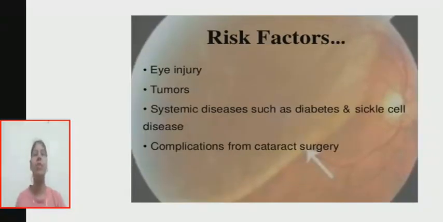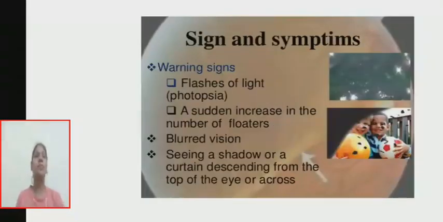Eye injury, tumors, systemic diseases such as diabetes and sickle cell disease, complications of cataract surgery.